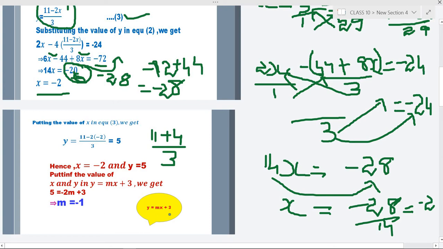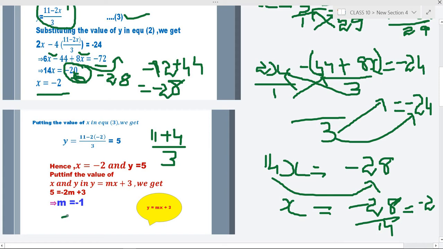y is equal to mx plus 3. You substitute the value of y. What is the value of y? 5. Then we don't know m, so write m as it is. Replace x with minus 2. Minus 2m plus 3, the constant term in the question itself. Now transpose this 3 to the RHS.